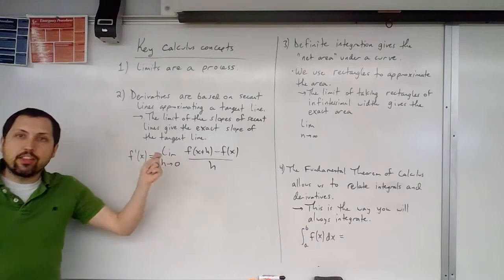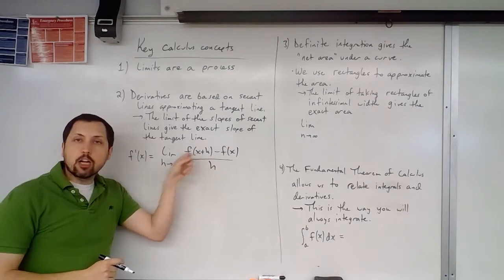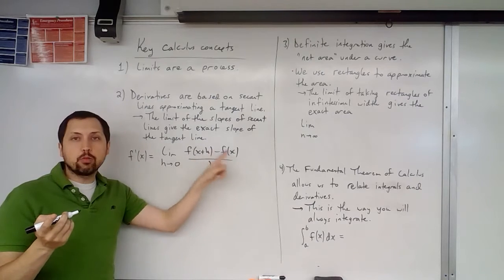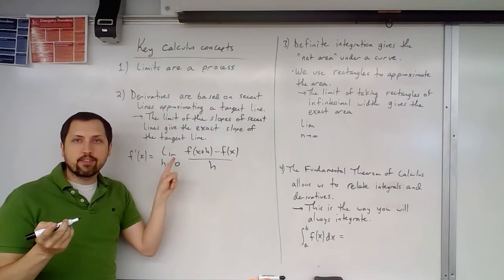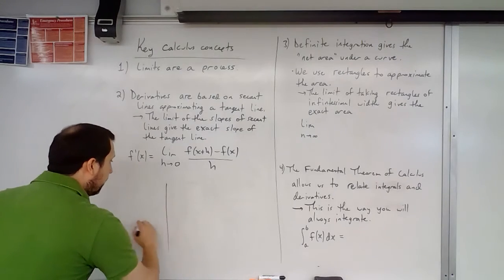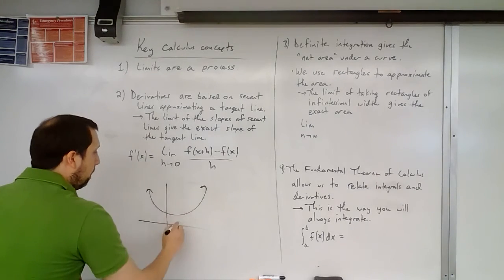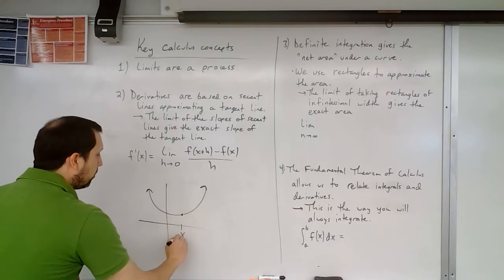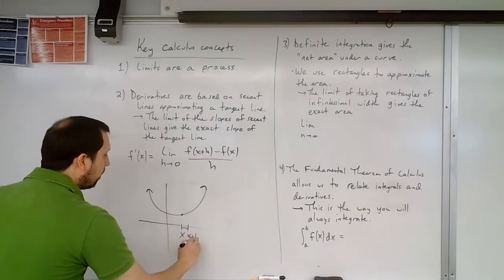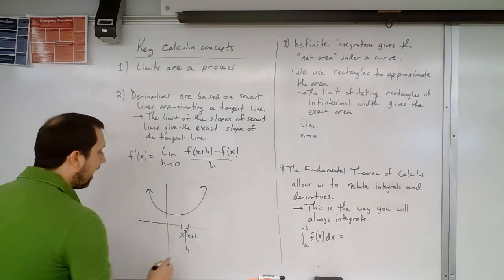And what this is based off of is the slope of the secant line. This is going to be the change in y, so these were the two different y values divided by the change in x. So we saw this, say this was our picture here. This was, say, going to be x. This distance here was going to be x plus h. So this width is h.